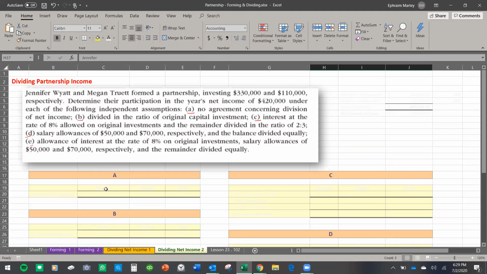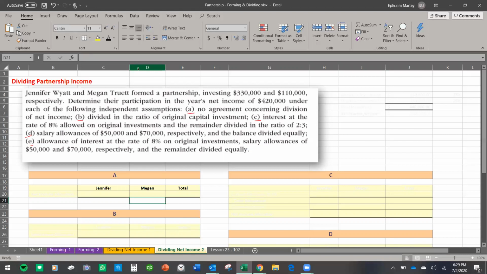So I'm going to list these people right here. We are talking about Jennifer and Megan. This time I use their first names, because the last names in the previous one were a little harder to pronounce. So what is the assumption in the first place? Let's read the question again.